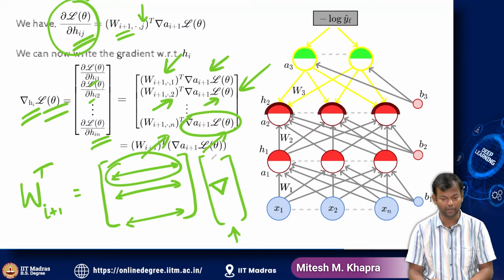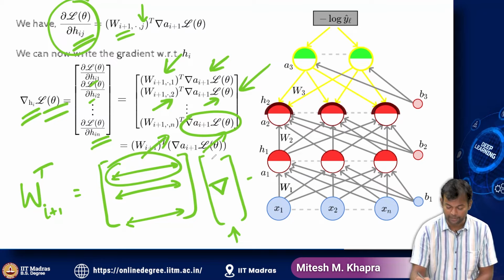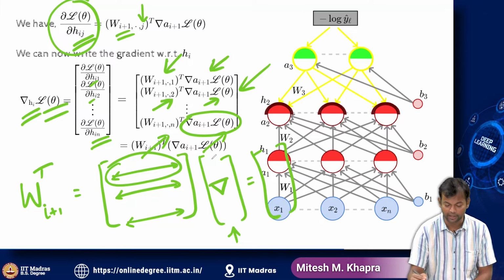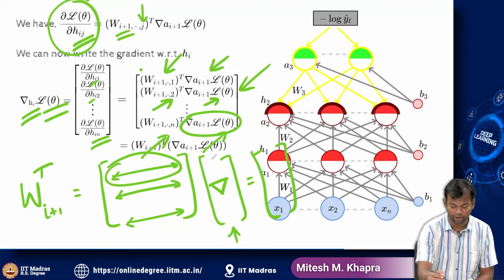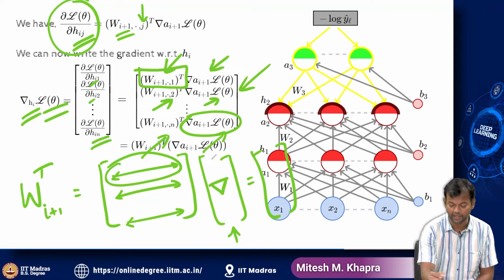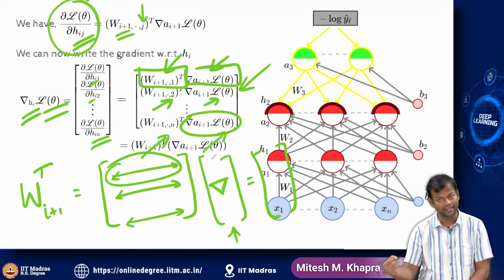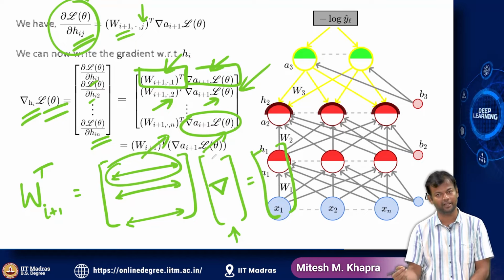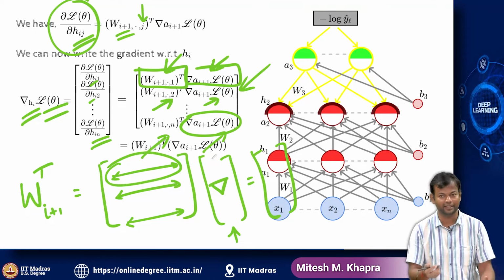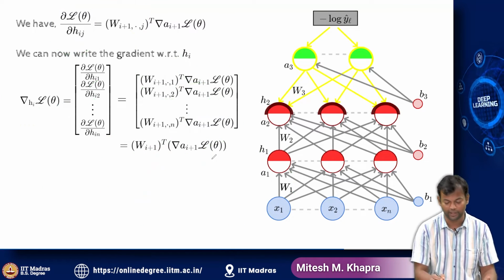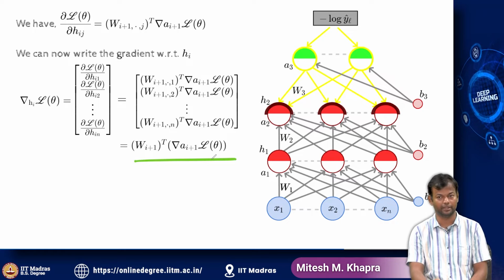That is what I have shown here, because the first element of the resulting product is going to be the dot product between the first row of this matrix and the gradient vector, the second row of this matrix and the gradient vector, the third row of this matrix and the gradient vector, and I can write this entire thing very compactly as a matrix vector computation, and this is what I have done here, right.